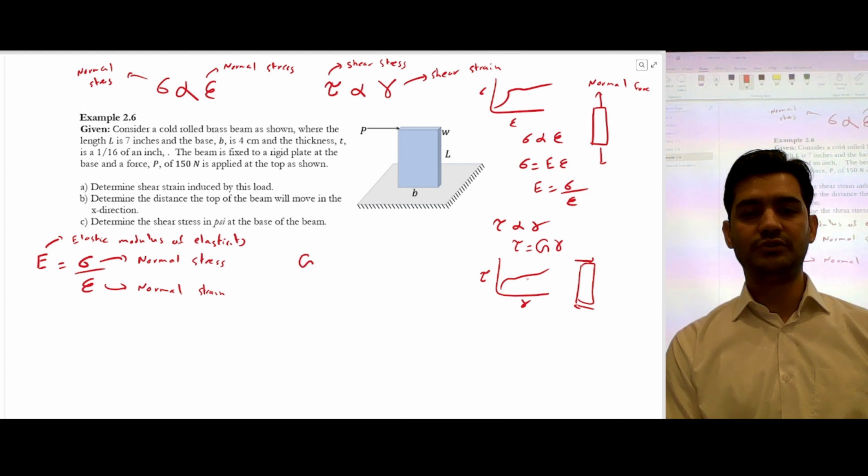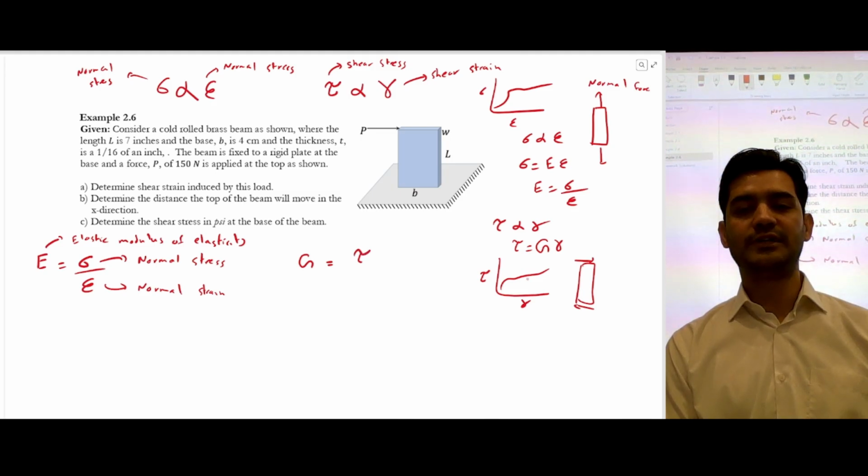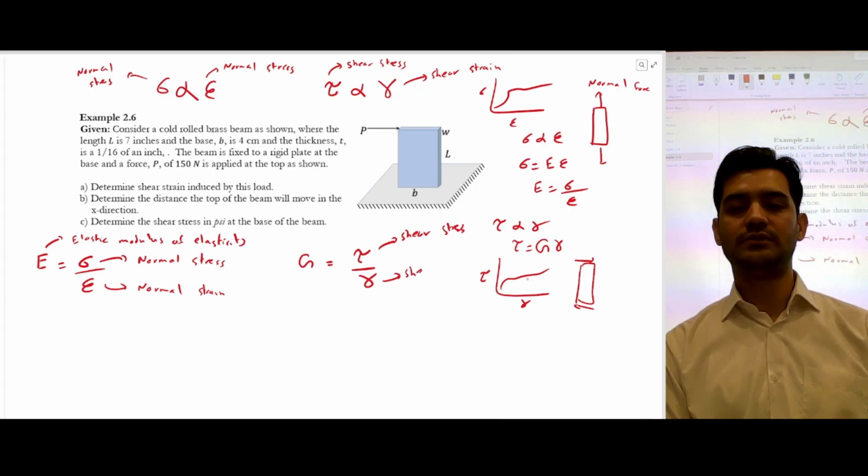So similarly, modulus of elasticity was the ratio between normal stresses and strain. And G is also a ratio between stresses and strain. But in this case, this is shear stress. This is shear strain.